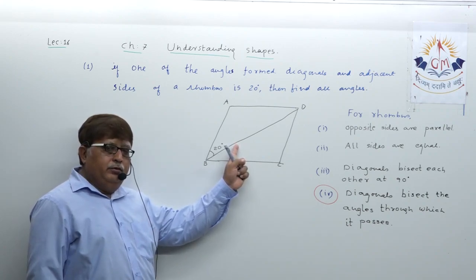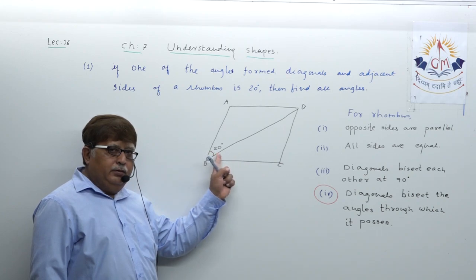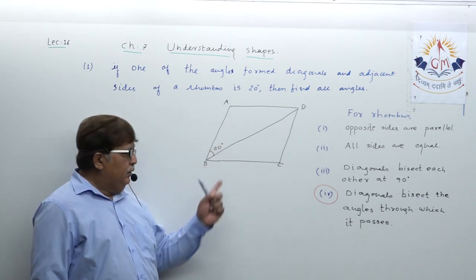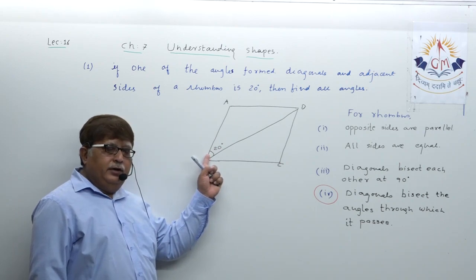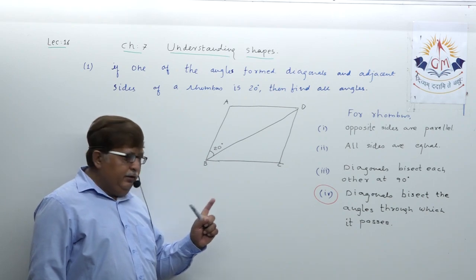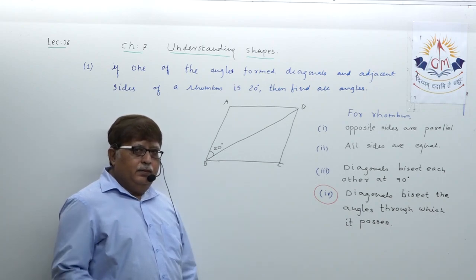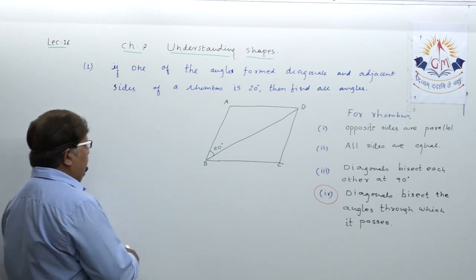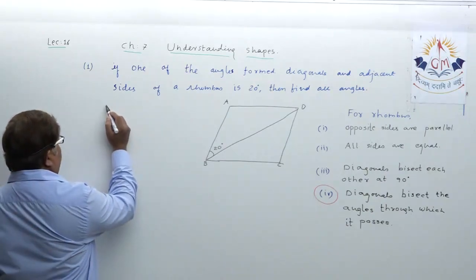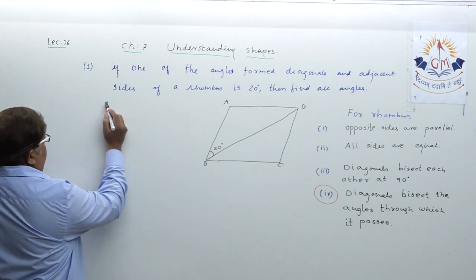Here I have shown diagonal BD, which is definitely bisecting angle B and angle D. So obviously you can understand that half of the angle is 20, so the whole angle will be 40 degrees. You understood this, right? You do not need to mention this fact. When you really solve the example, you can directly write this way. We are solving the example now.